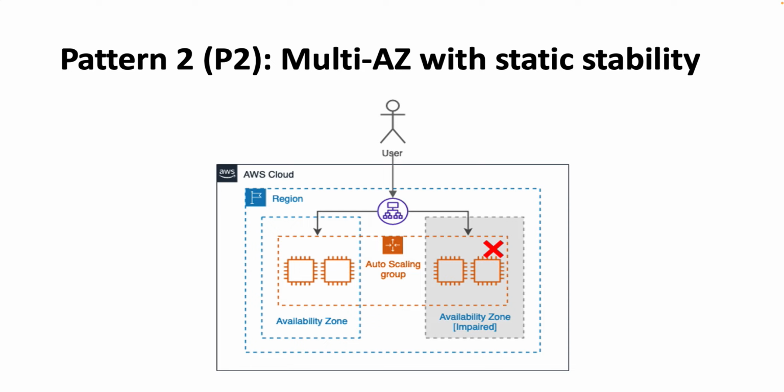The second pattern would be P2, that is multi-AZ deployment with static stability. P2 uses multiple instances, unlike the first example, again deployed across multiple availability zones within a region to increase resilience. This pattern uses a concept called static stability, which prevents bimodal behavior.